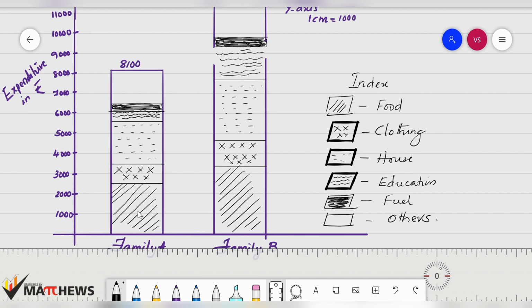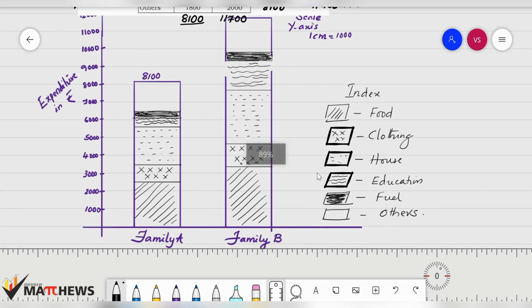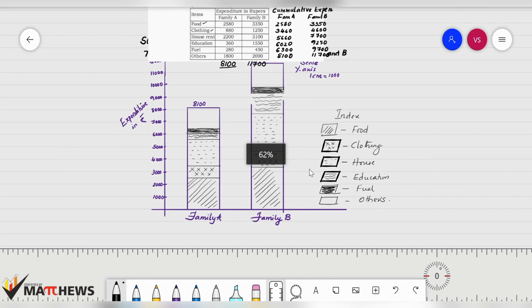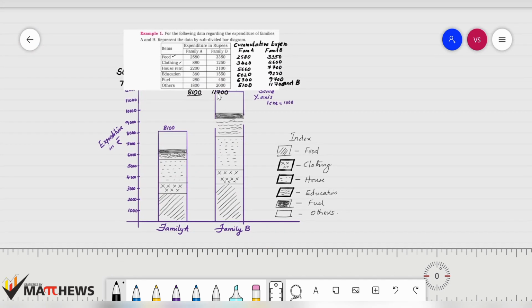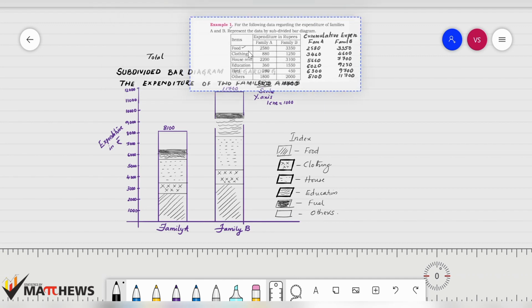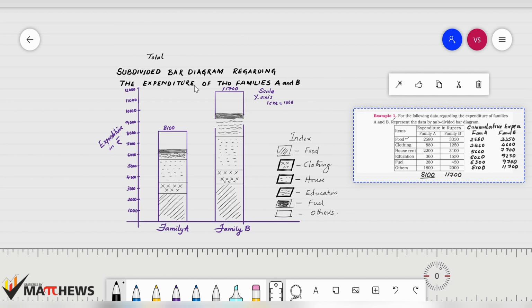This is how we make this component bar diagram, students. I hope you can see this, whatever is seen. This is how it looks. When we do this kind of representation, it is called a subdivided bar diagram regarding the expenditure of two families.